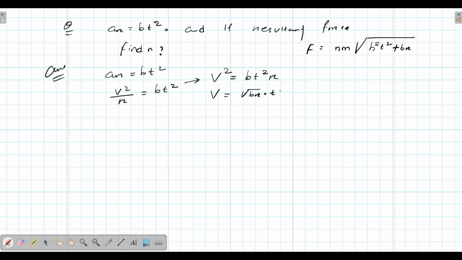So A equals how much? A equals dV by dt. As A equals dV by dt, differentiation of this value is root over of b r.